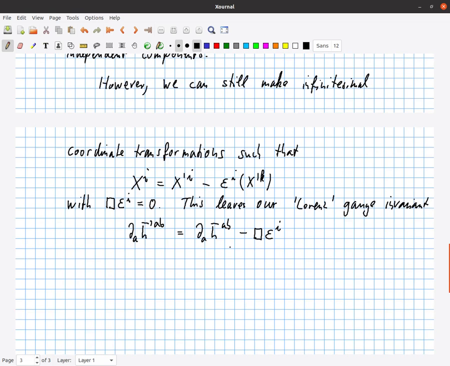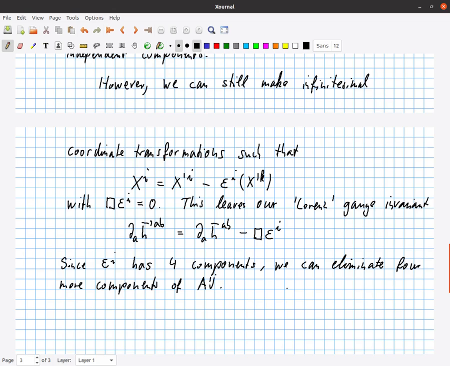And this means in this particular case, since epsilon^i again has 4 components, we can eliminate 4 more components of A_ij.